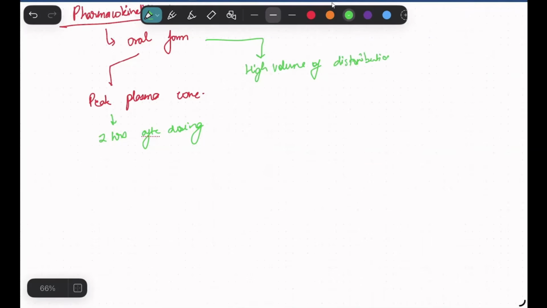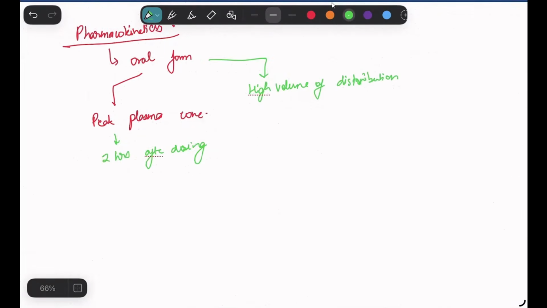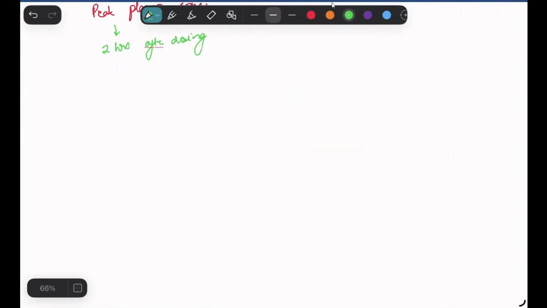What do you understand by high volume of distribution? It means there is extensive distribution into the body tissues. If you want to remember the numbers, it's 2 to 5.1 liters per kg, but it's not significant for exam purposes. You can remember the fact, but it's not very useful.